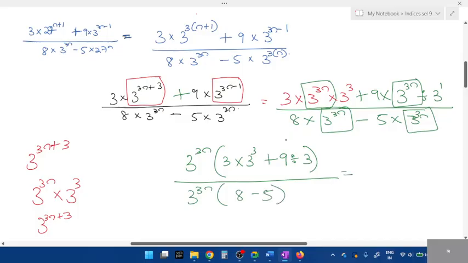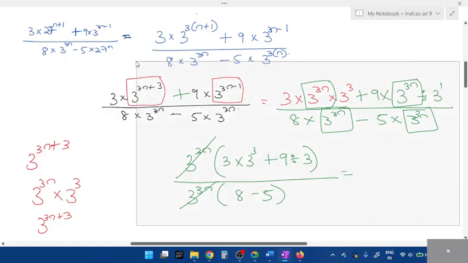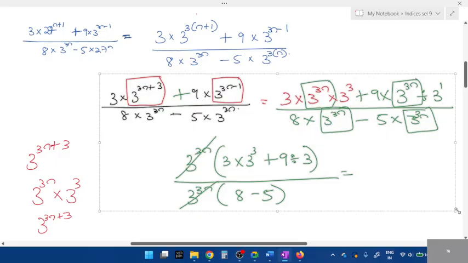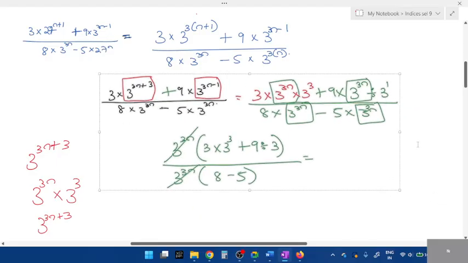why did I take out 3? See, from the beginning if you'll observe, students, I was just targeting variable 3 to the power of 3n. The reason is, can I cancel them so that I get a proper value? Jovino understood? So whenever the power has variable and constant, then we use this. What about Pradesh?